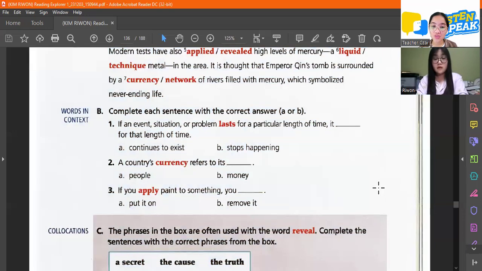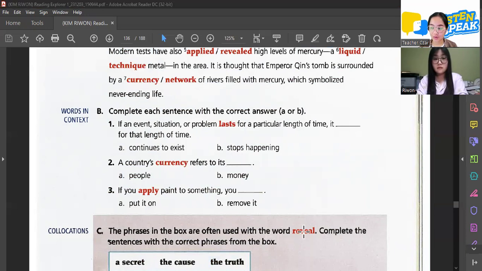Now, we will be moving on to the next one, which is the word in context. So all you need to do is to choose A or B. If an event, situation, or problem lasts for a particular length of time, it continues to exist for that length of time.